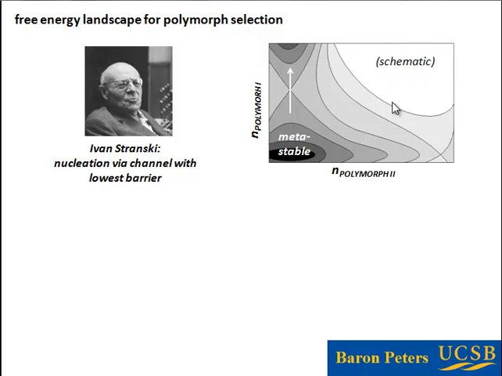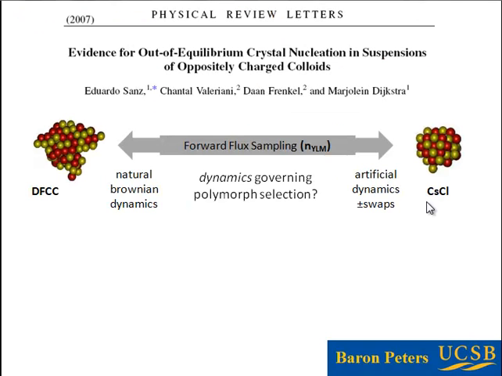Now this, as of 2009, was completely schematic. Nobody had ever actually computed a free energy landscape that looked like this. There are a number of reasons for that, but that's what we set out to try and do. We were motivated by this very fascinating work done in 2007 by Eduardo Sanz, Daan Frenkel, Marjolein Dijkstra and Chantal Valeriani. They performed forward flux sampling simulations using the spherical harmonic based milestone coordinate, this NYLM nucleus size coordinate based on spherical harmonics.